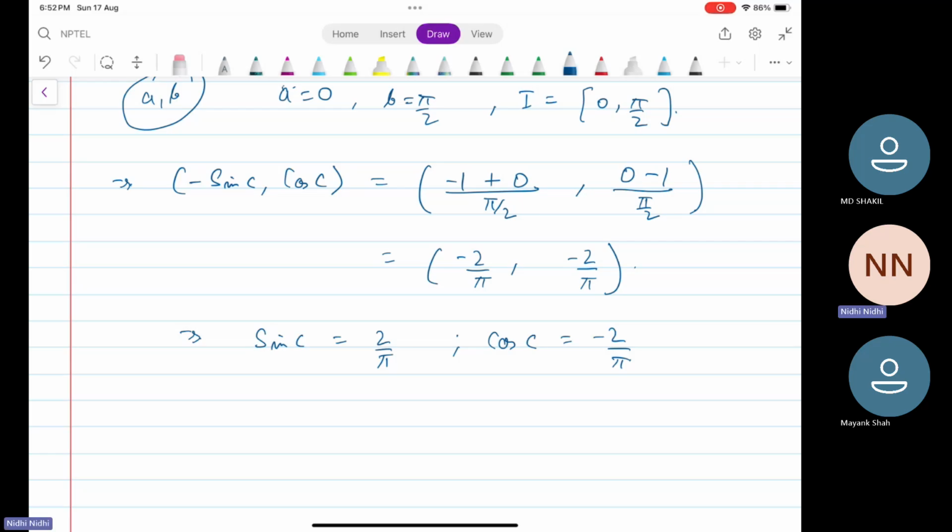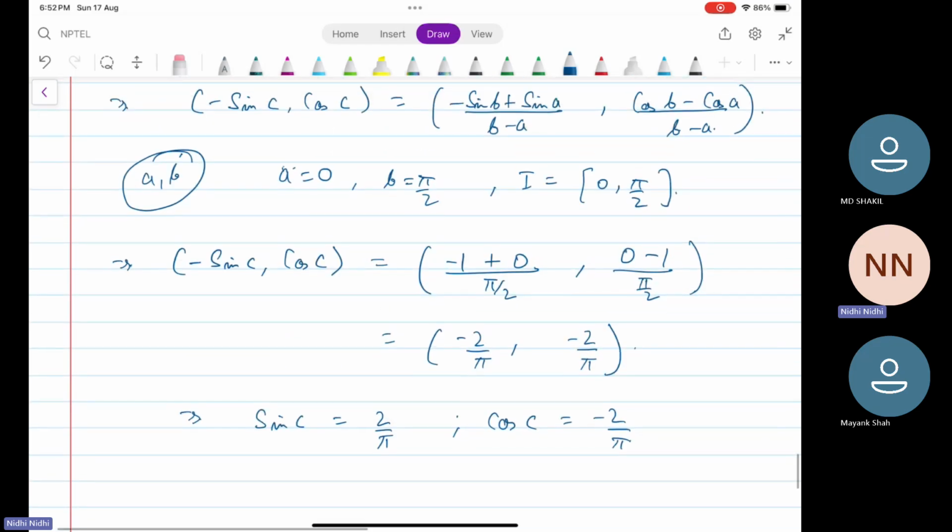Can you tell me the problem here? How will we end up getting a contradiction? The squared sum should be 1. Yeah. So this is 4 by pi square plus 4 by pi square. Obviously, that is not equal to 1.